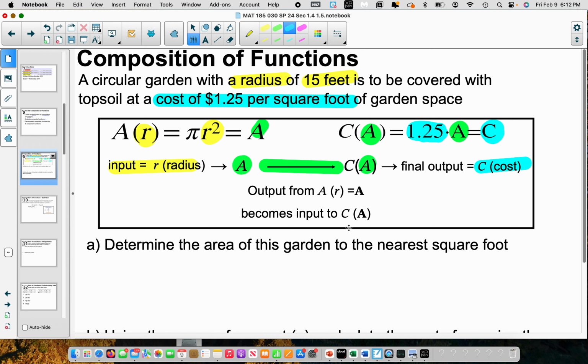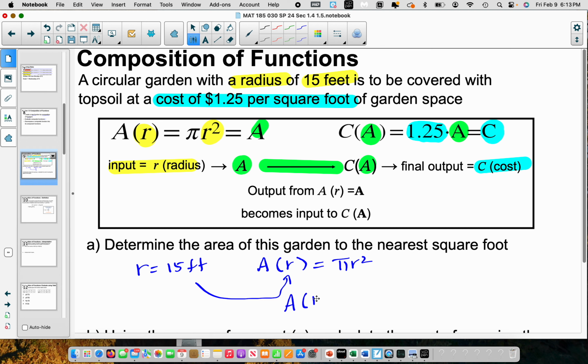Okay, so if I want to figure out the area of the garden to the nearest square foot, I'll do it in two pieces first. My radius is equal to 15 feet. So my area is a function of radius, equals pi r squared. I'm going to input 15 for my radius.